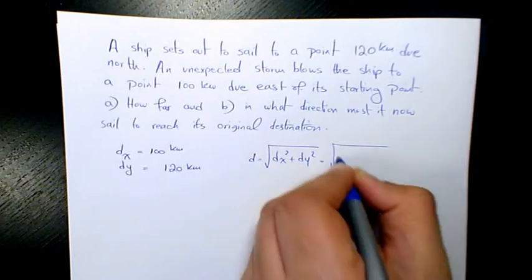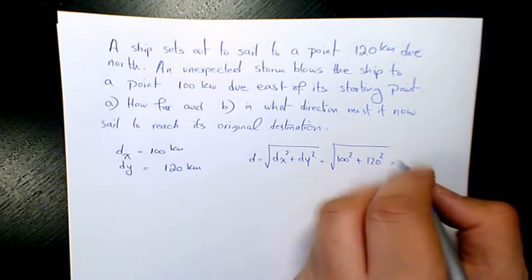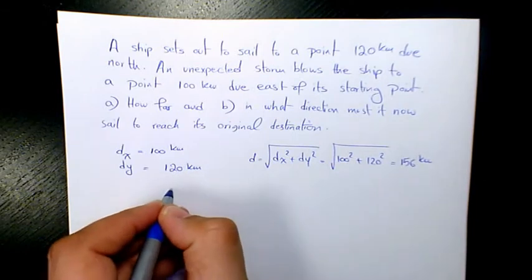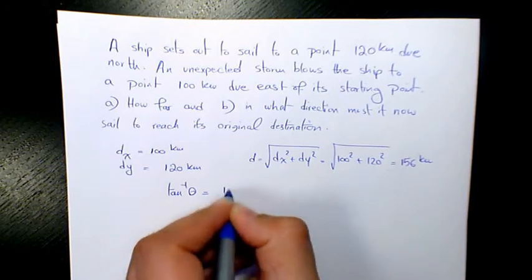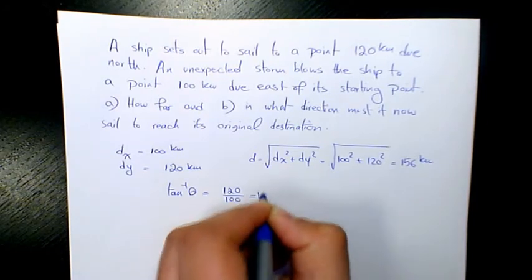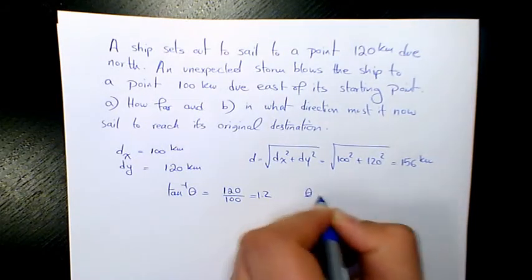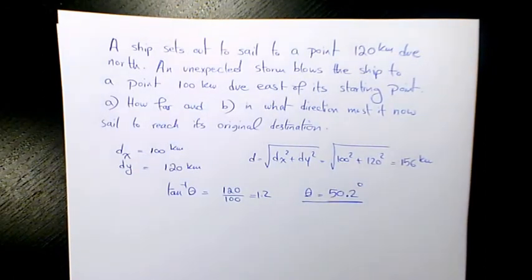That will be 100 squared plus 120 squared, and that will give us 156 kilometers. Then for theta, we can say tan inverse of 120 divided by 100, which is 1.2. So theta is going to be 50.2 degrees. So this is going to be the direction.